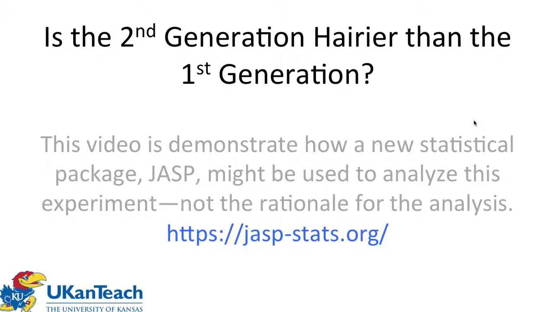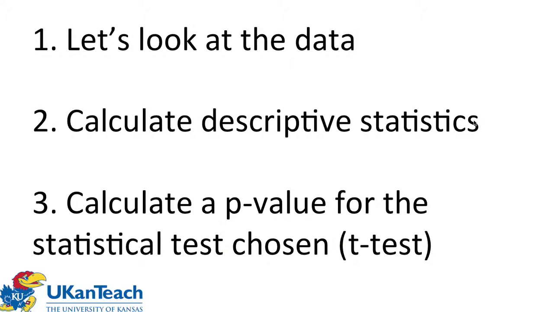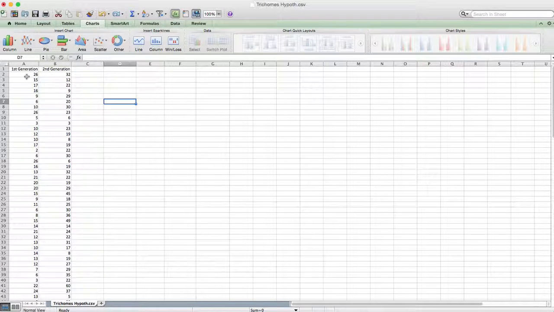So this is where you can get this new statistical package, jasp-stats.org. Let's take a look at how this might work. One of the things that's different about this is you'll still need your spreadsheet where we collected the data.